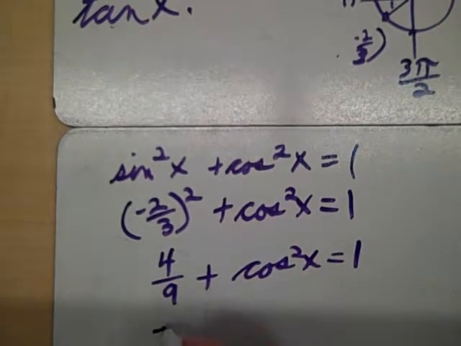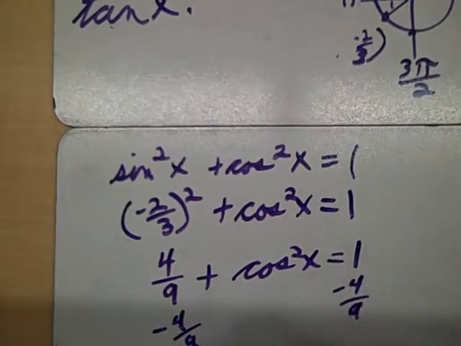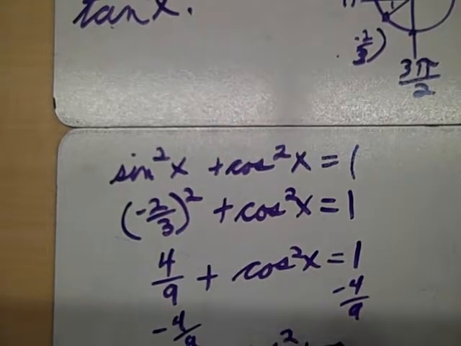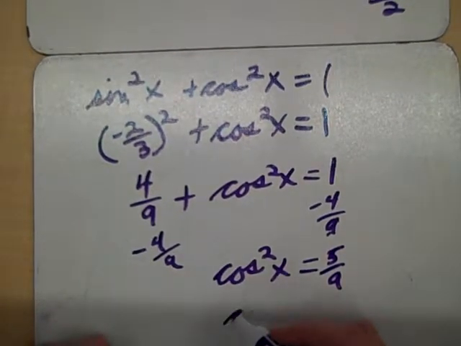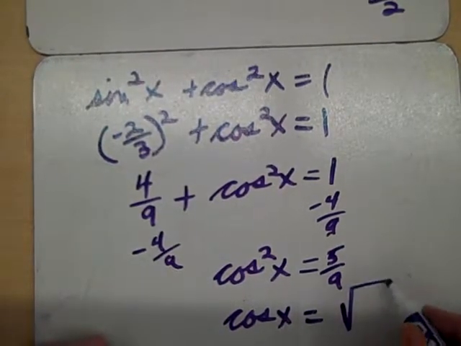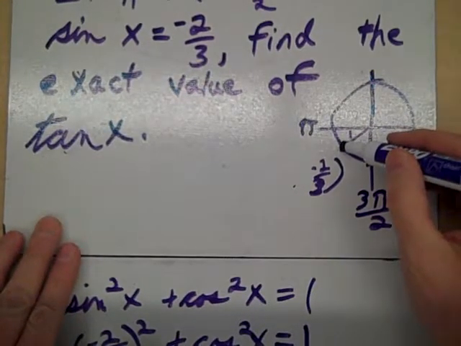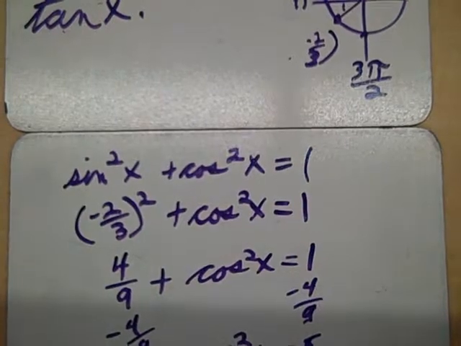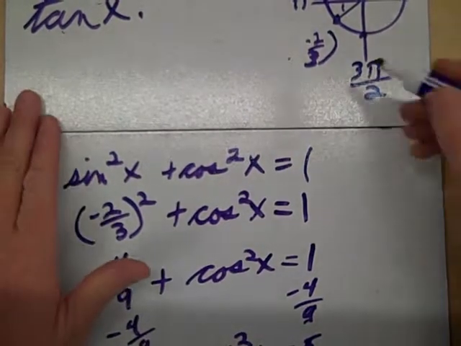If I subtract 4/9, I get cosine squared x equals 5/9. And the cosine of x, there are 2 square roots. It's the square root of 5/9, and remember it's in the third quadrant, which makes it negative. So negative square root of 5 over the square root of 9, which is negative square root of 5 over 3.